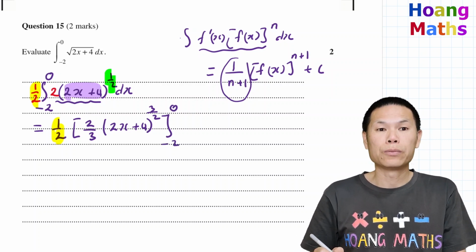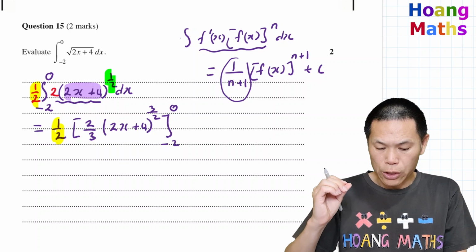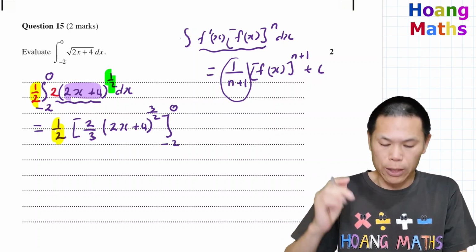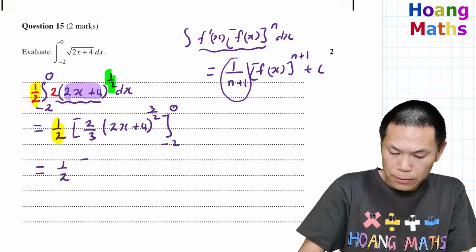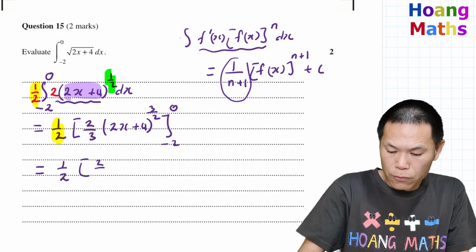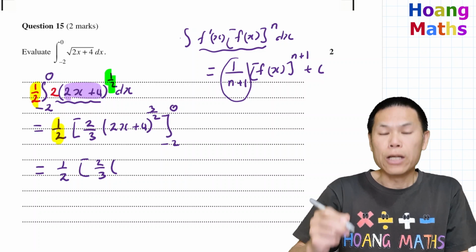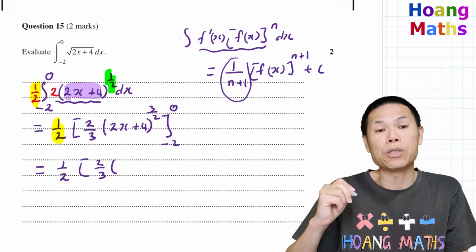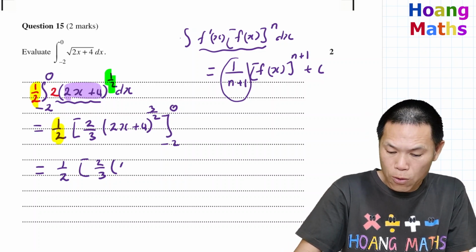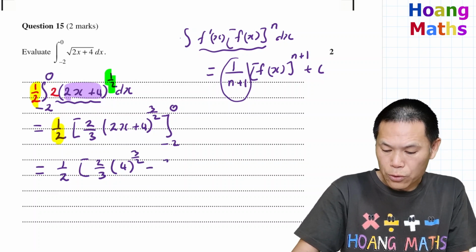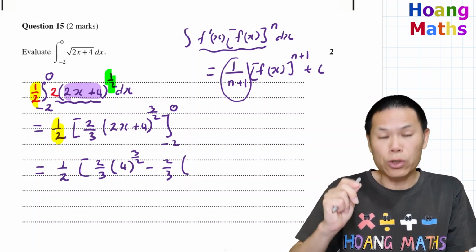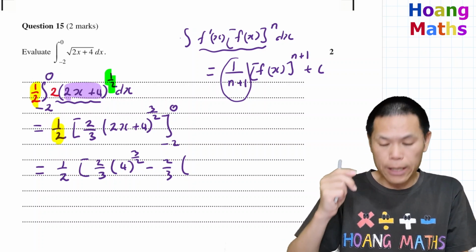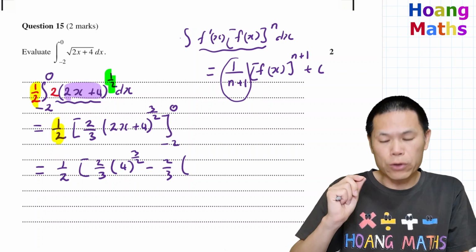Now I just substitute the values in. That gives me a half, 2 over 3, and we bracket. When x is 0, 0 times 2 becomes 0, and that becomes 4 to the power of 3 over 2, minus... Now we replace x with -2. -2 times 2 is -4, and -4 plus 4 is 0.